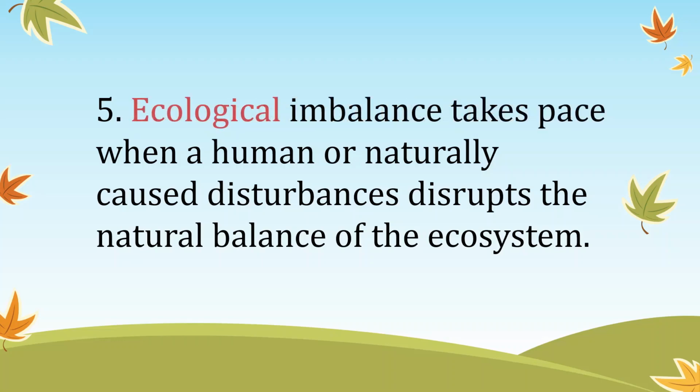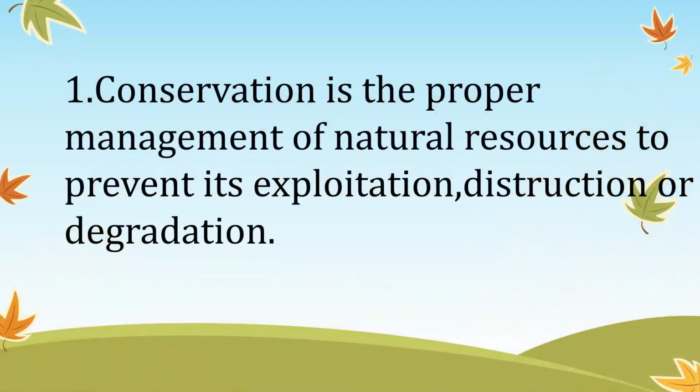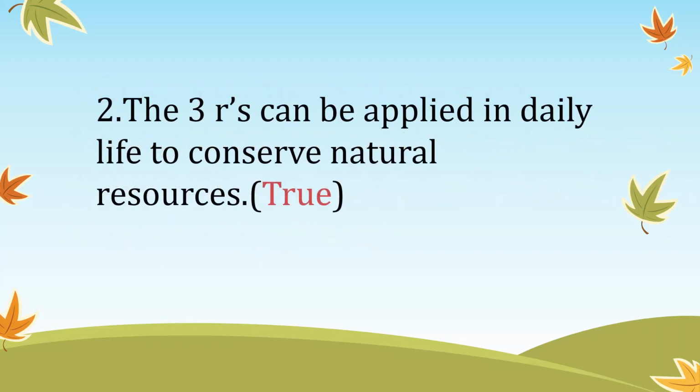Ecological imbalance. State whether true or false. First, conservation is the proper management of natural resources to prevent its exploitation, destruction or degradation. Statement is true. Second, the 3 R's can be applied in daily life to conserve natural resources. Statement is true.